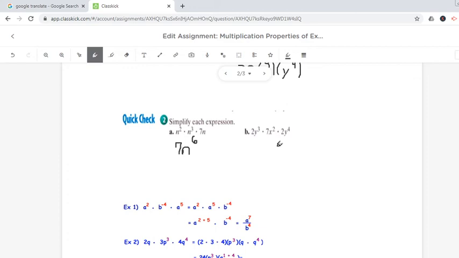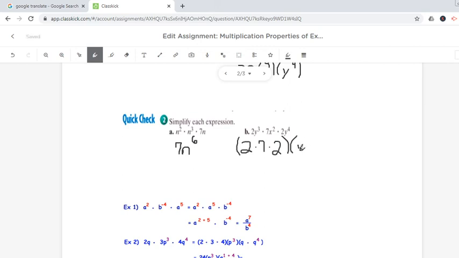We'll do this one. So we'll group the same bases together. So we have 2, this is a number, this is a number, 7, and this number, 2. And then we have y's.